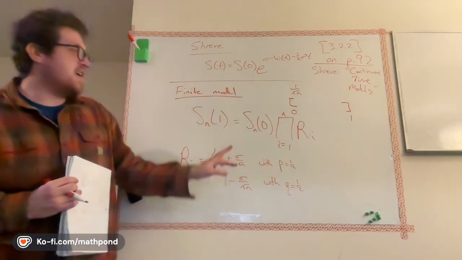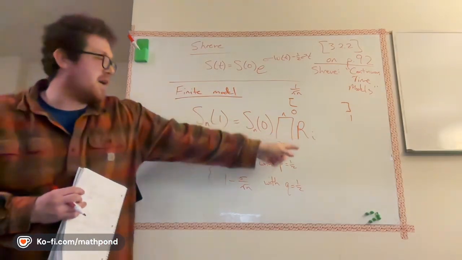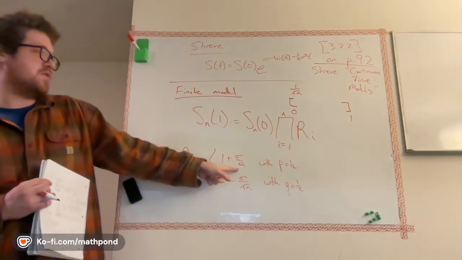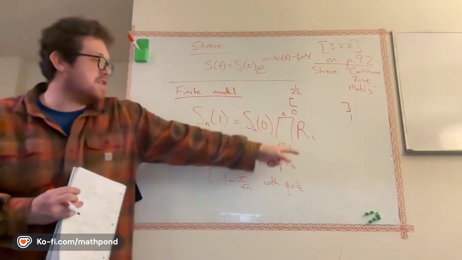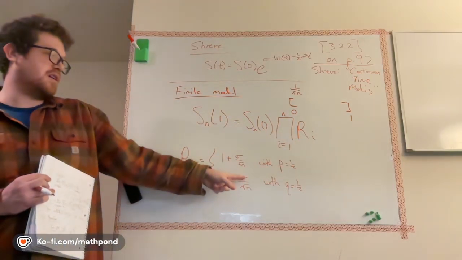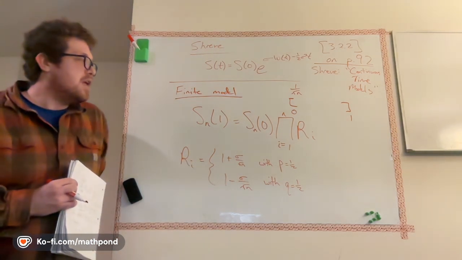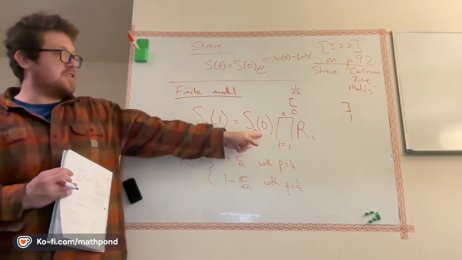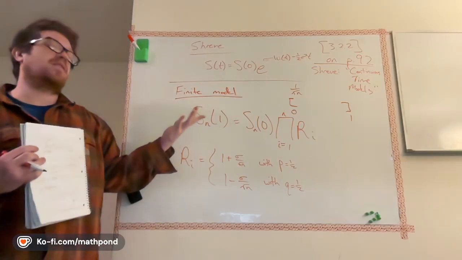So this is just saying I flip a coin. If it's heads, I multiply by the up factor, 1 plus sigma over square root of n. If I flip the coin and it's tails, then I multiply by 1 minus sigma over square root of n. All right, and that's basically how the stock price goes from 0 to 1 here. And this is our random model.